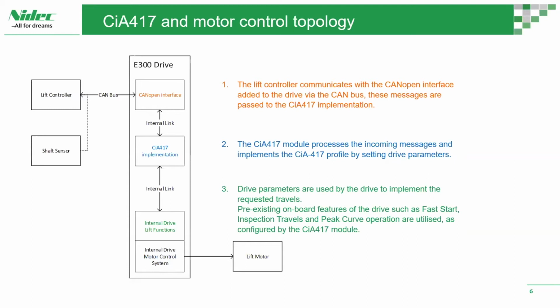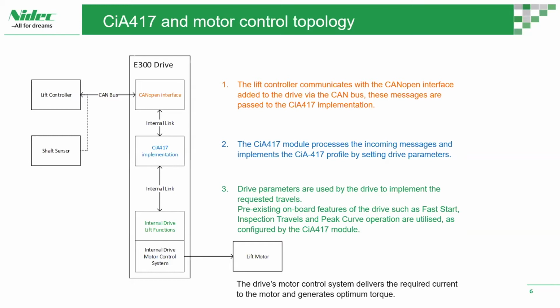So there exist internal drive lift functions that are specific to the operation of the lift, and these are sort of higher level functions. These pre-existing onboard functions, such as fast start or inspection travel or peak curve, are heavily used and utilized, but it's the CiA 417 implementation, and so through that, basically the lift controller that is in charge of all of this and decides how these pre-existing functions are to be used.